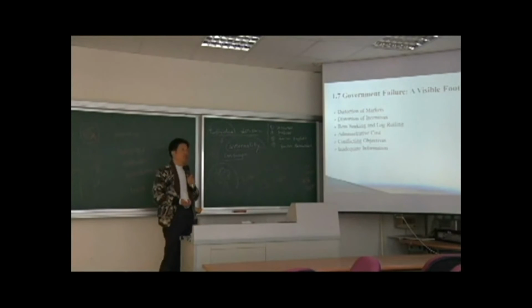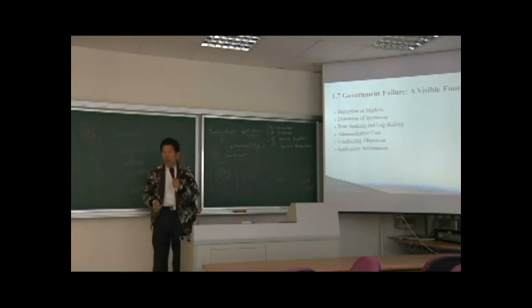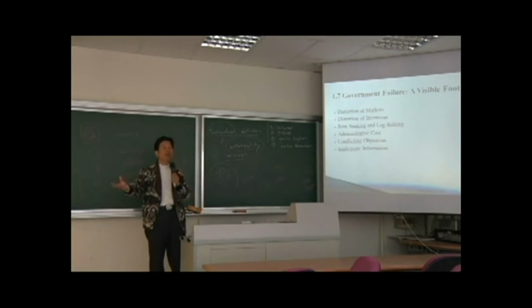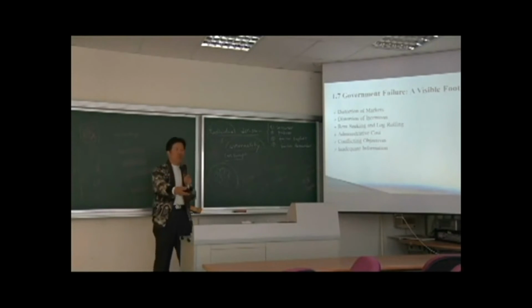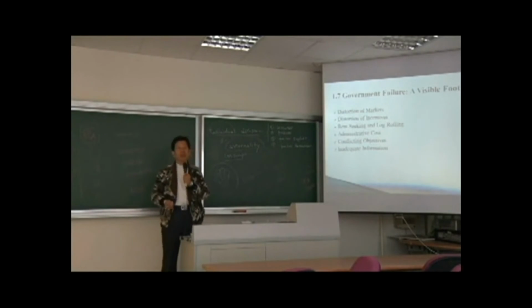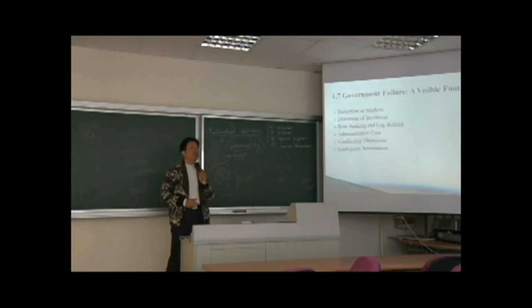In particular, a wrong decision can do worse things for people than corruption. If someone is corrupt, they just take some money, but it's fine. But if you make the wrong decision, then they will make big trouble for the people.